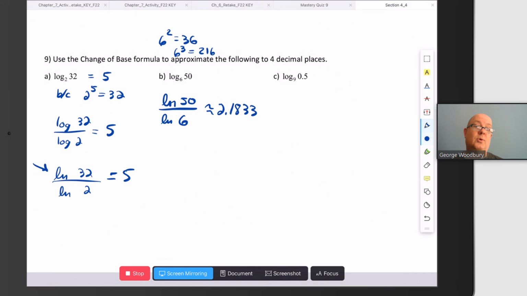Now, the next one's going to be negative because whenever we take the logarithm with a base that's greater than 1 and an argument that's smaller than 1, the logarithm has to be negative. Natural log of 0.5. So the argument always becomes the argument in the numerator, divided by the natural logarithm of 9. The log of the base is always in the denominator.